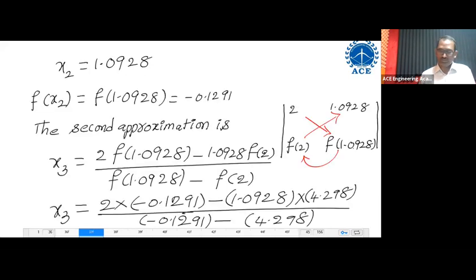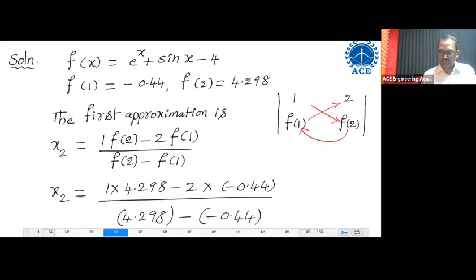Simplify this and let me know the value. You might have already found: x3 is 1.1193, or 1.119. Everything is correct.